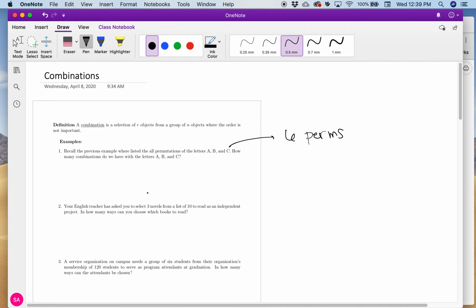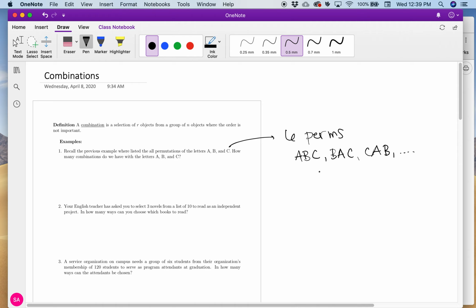This is kind of a trick question, but I did this to illustrate the point that with combinations, order doesn't matter. So ABC, BAC, CAB, and there were other ones. There were 6 of them.